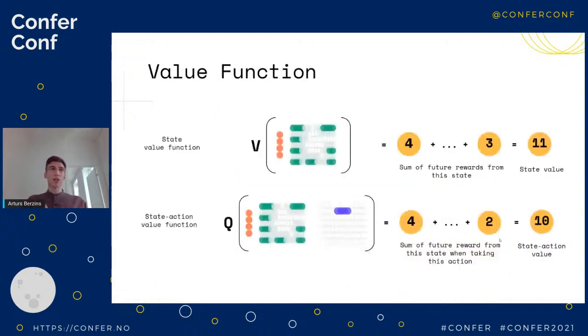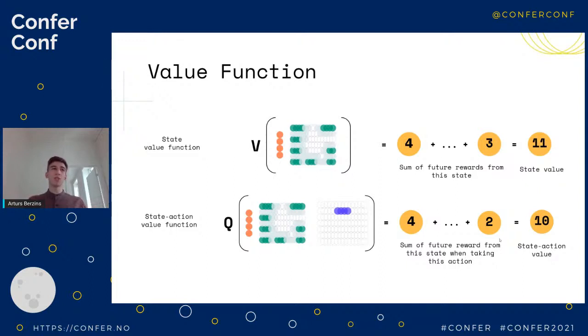Right, so perhaps the most important concept in reinforcement learning is the notion of value. The value basically describes how much reward I can get out of the current situation until the end of my interaction.